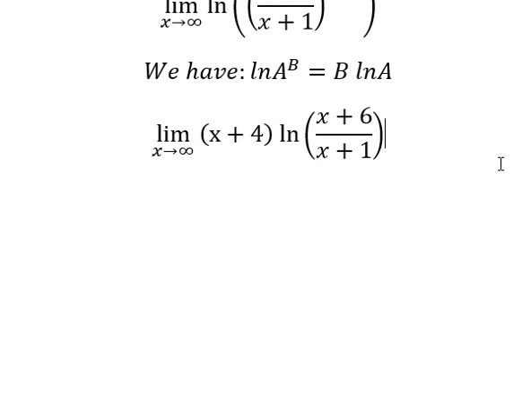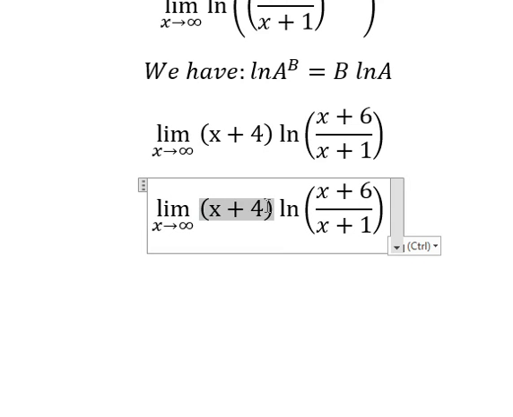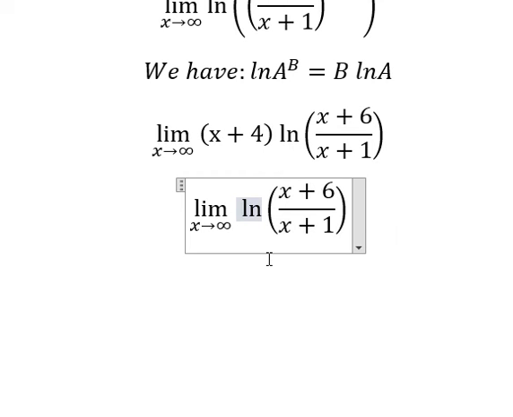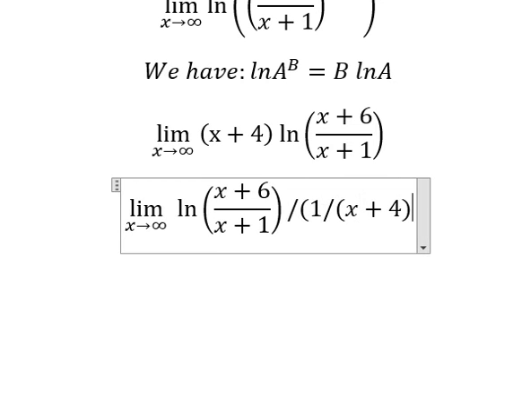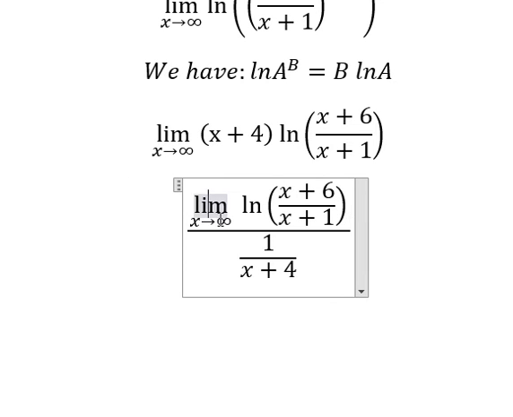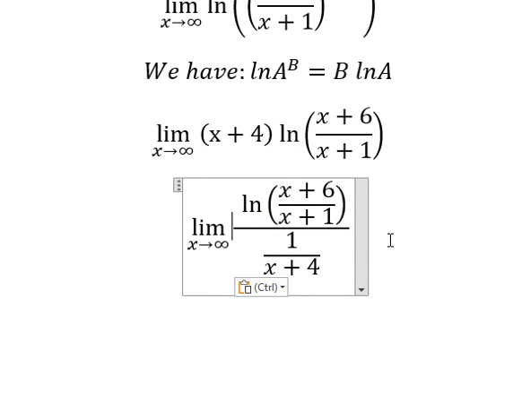Next, this one I can put into the denominator. So they should be like this. So when s approaches positive infinity, this one will go to positive infinity. 1 divided by positive infinity, you get about 0.